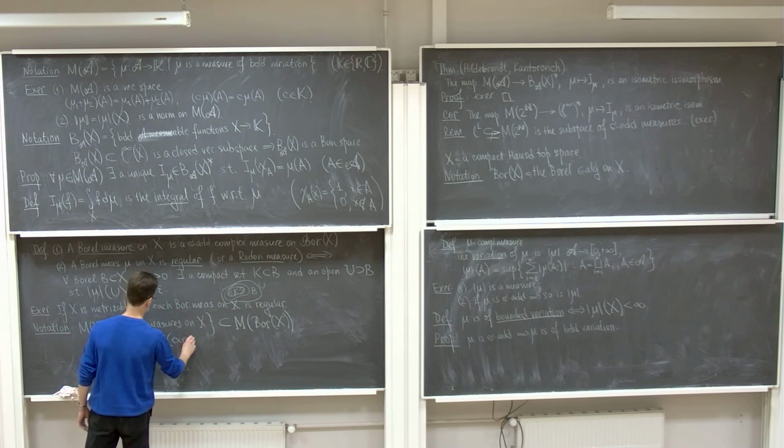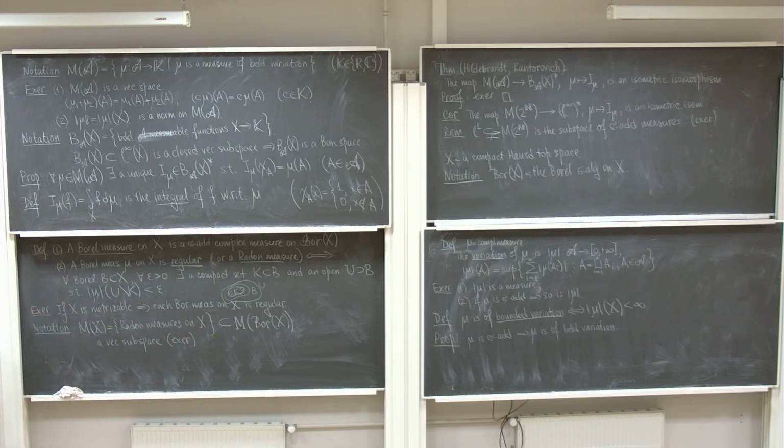It's a simple exercise to show that a linear combination of two regular measures is again regular. So it's a vector subspace.